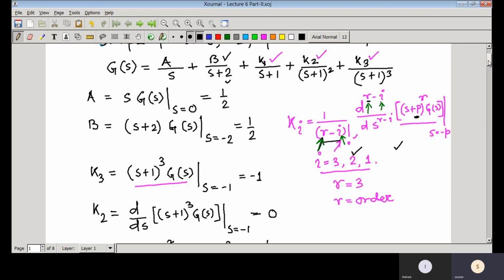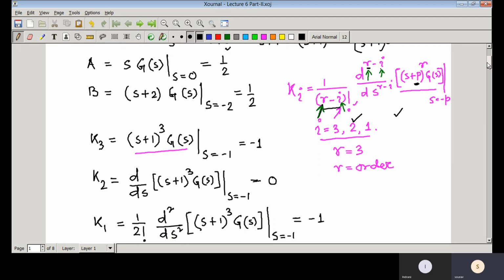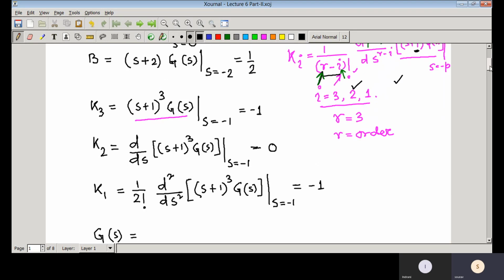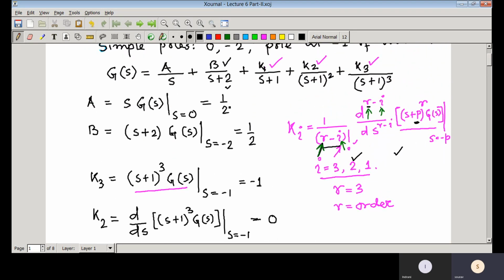So after finding those coefficients, what is GS? GS equal to, here we found half, so 1 by 2s, and half again, 1 by 2 into s plus 2.